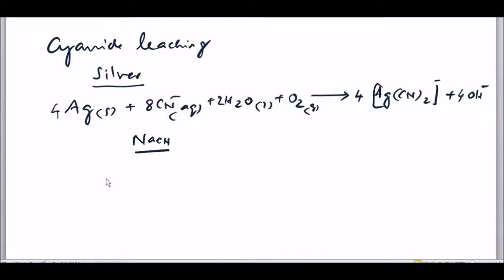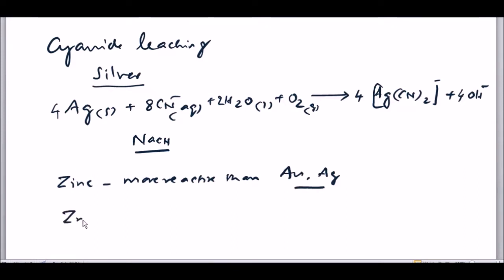After leaching with sodium cyanide, how do we recover the metals from the complex compound? For that, we use zinc, because zinc is more reactive than these two metals, namely Au and Ag. So zinc is highly helpful to recover the metal from the complex.